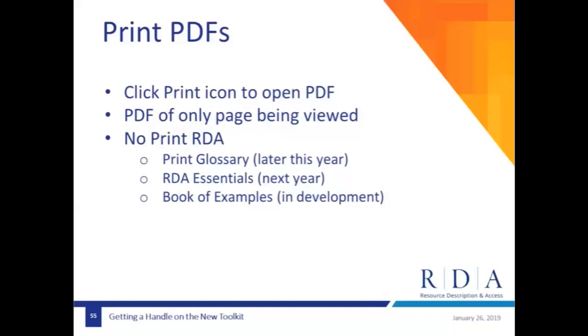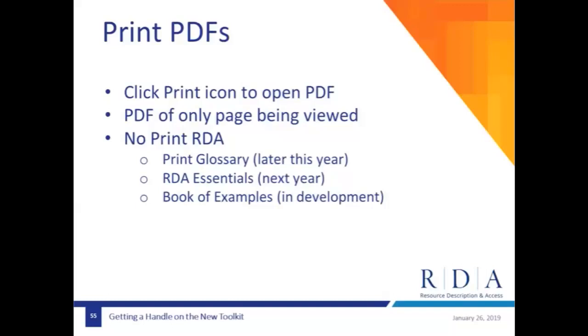I think I should bring up at this point our general plan for print. Print RDA, as we've done it in the past, is not feasible with the current toolkit.